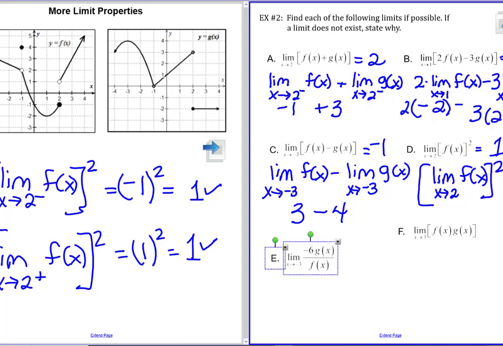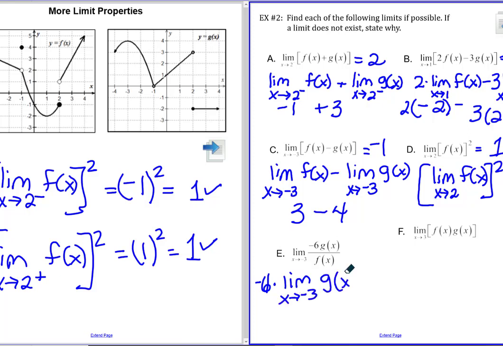For E, we're going to look at the limit for g of x, the general limit, as x approaches -3. So we want to multiply -6 times the limit as x approaches -3 on g of x, and then divide that by the limit as x approaches -3 on f of x.